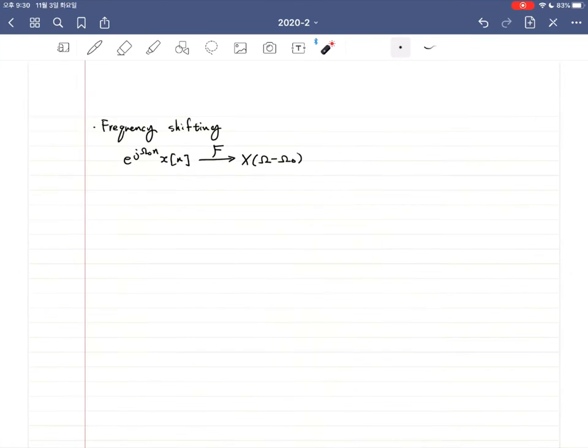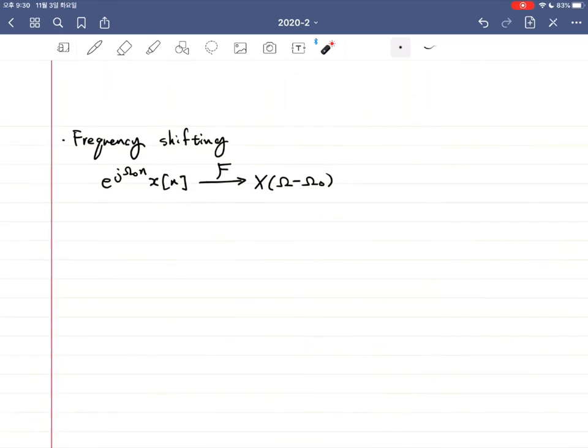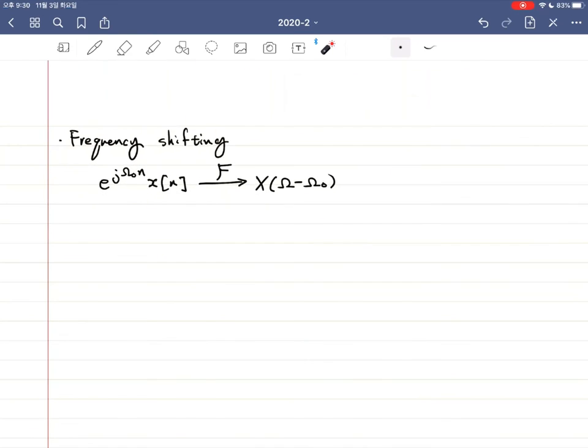So you can see that this time shifting and this frequency shifting are in a sort of duality relationship, okay? Now you know what it means when I say duality.